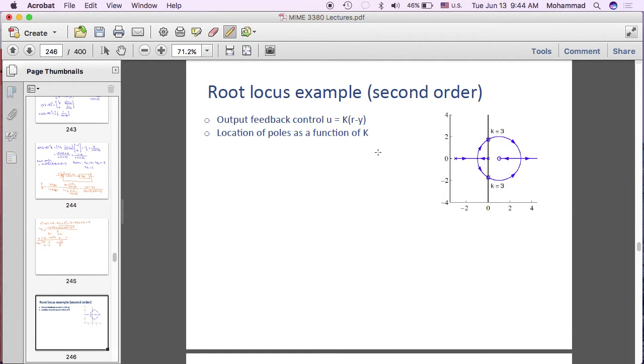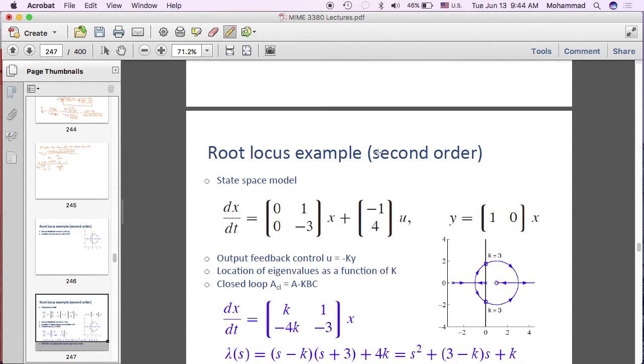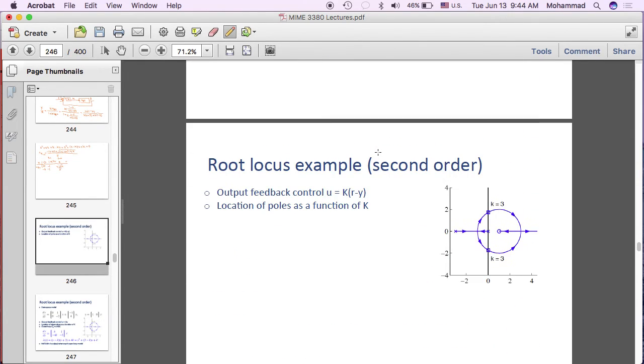So this is the root locus again. Let's revisit what we are doing. So we have our system. In this case, x dot is equal to ax plus bu, y is cx plus du.